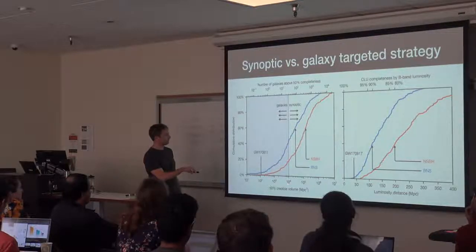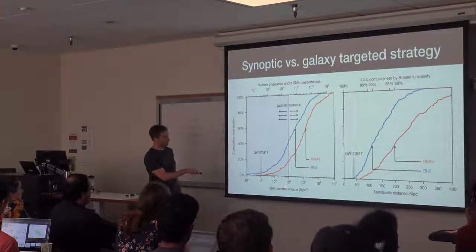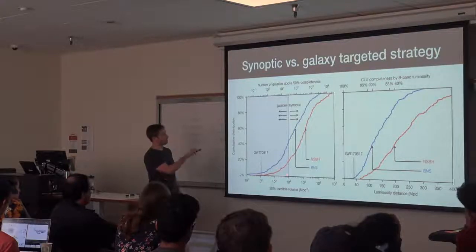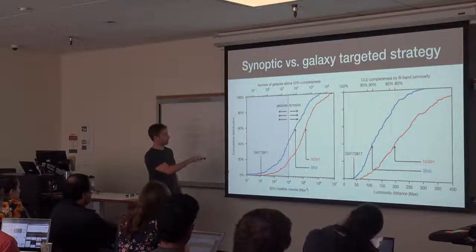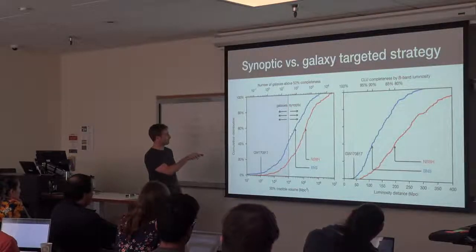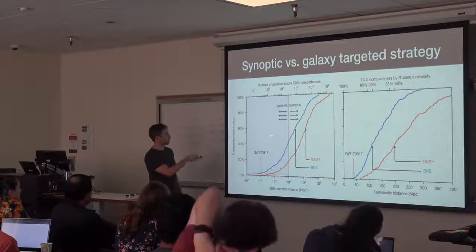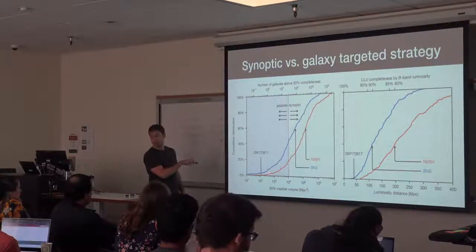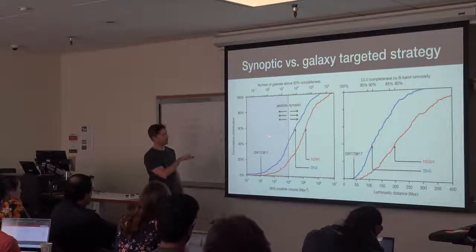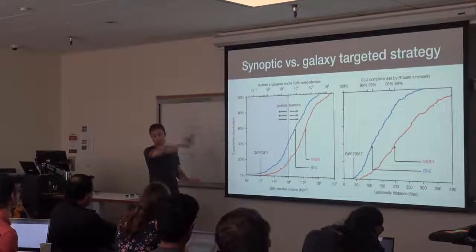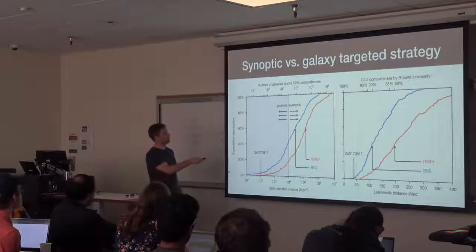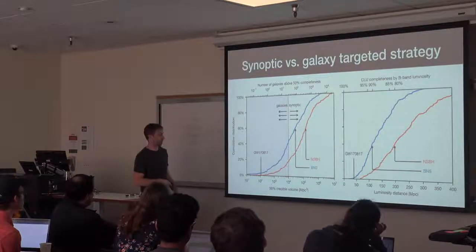And so at about a volume of 10^4 cubic megaparsecs, you have a couple tens of galaxies to look at. That's a little bit below the median localization. Below that, it can be productive to look at individual galaxies for a counterpart. Above that volume, it's a much better strategy to just tile the whole error region with a wide field of view instrument like ZTF.